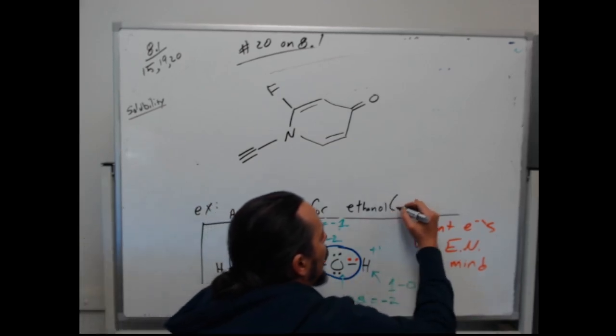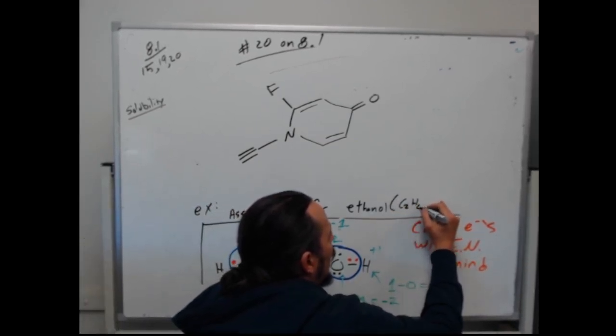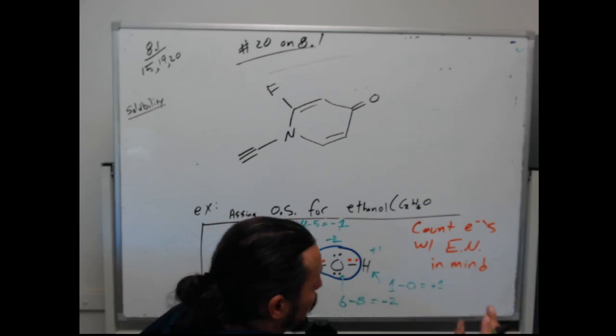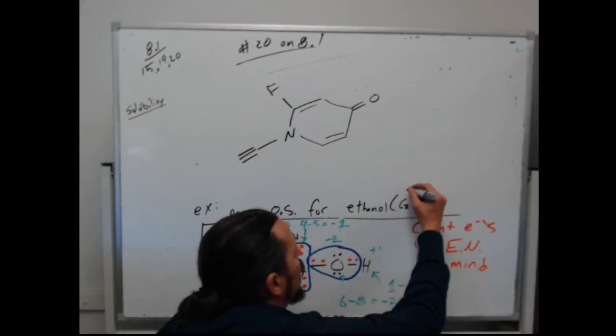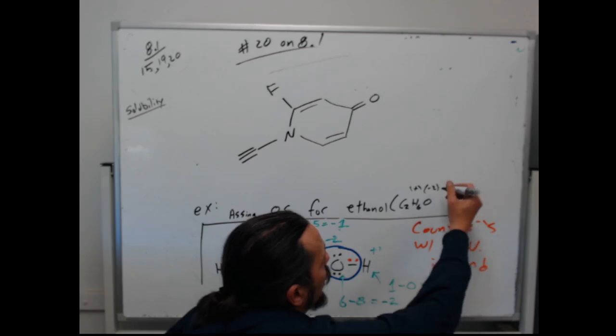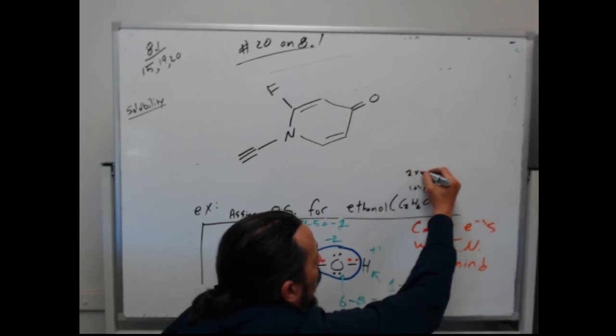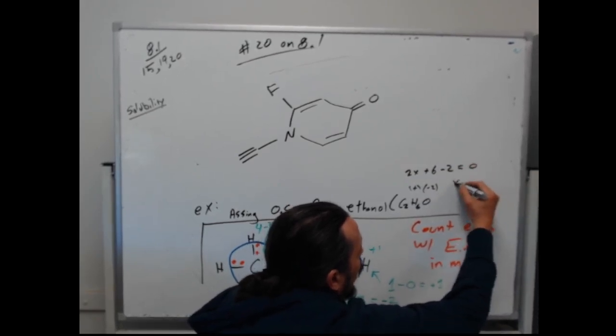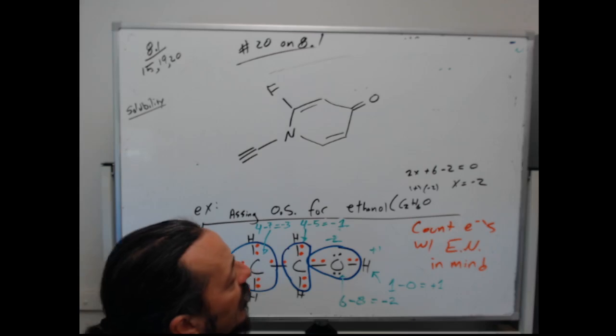So ethanol is C2H6O, and you can just calculate the average. This is hopefully what most of you did. Hydrogen is going to be a +1, oxygen is going to be -2. So I'm going to end up with 2x plus 6 minus 2 equals 0. X is equal to -2.